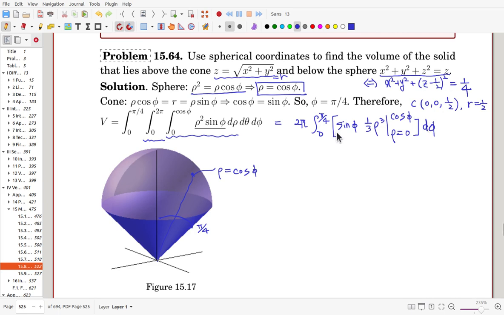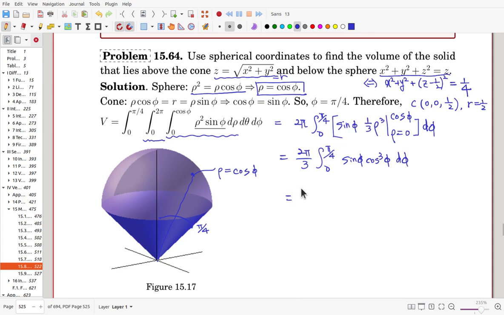Okay, we'll rewrite this one, and 1/3 will go out, so there's 2 pi over 3, and the integral from 0 to pi over 4, and this whole thing is now cosine phi cubed. So sine phi times cosine cubed phi, and 1/3 went out, and now d phi, right?